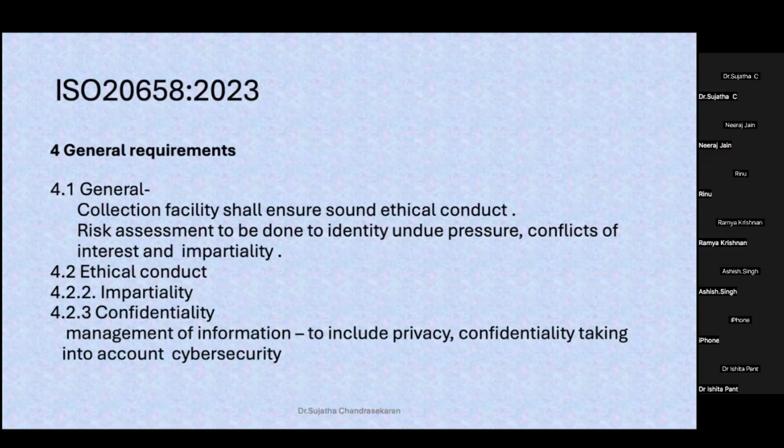What is required is a risk assessment across the laboratory's process, starting from patient identification, test request, till reports are released, looking at the processes, what are the points where there is a likelihood of a breach of impartiality or confidentiality. For example, let us see an aggregator. How will he flout impartiality?